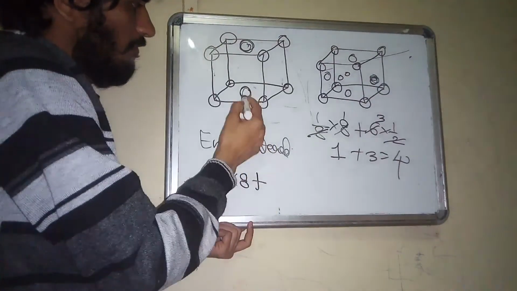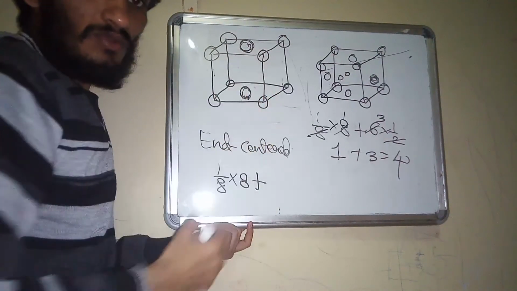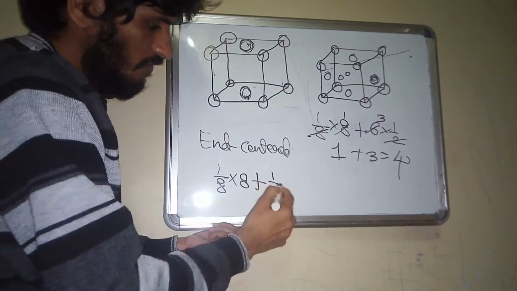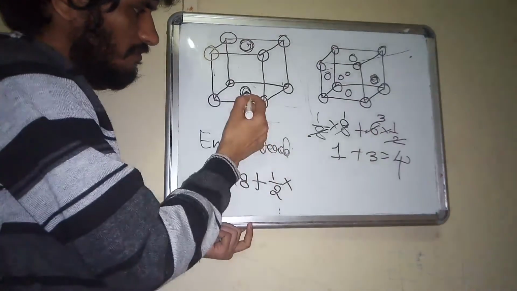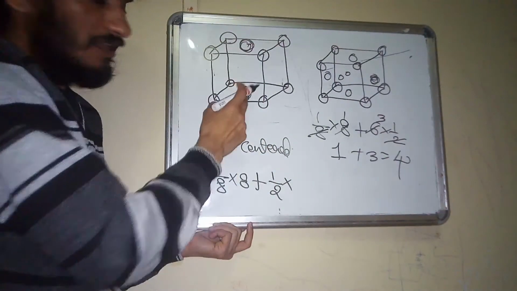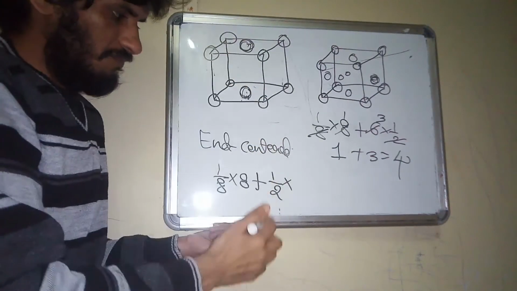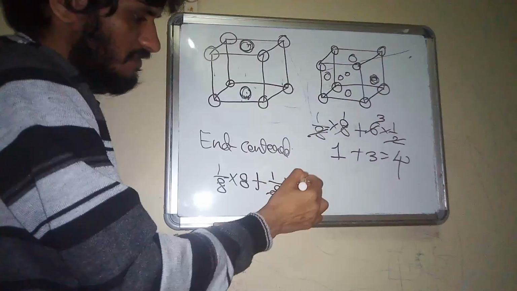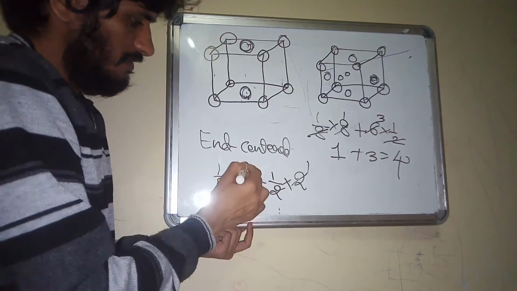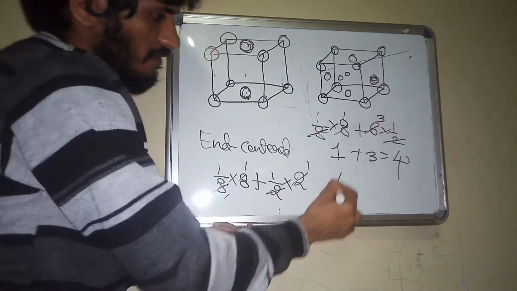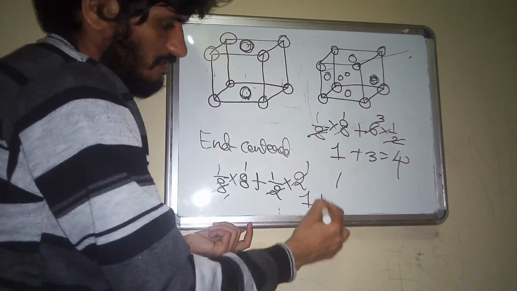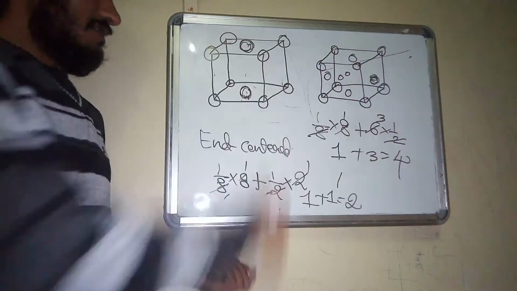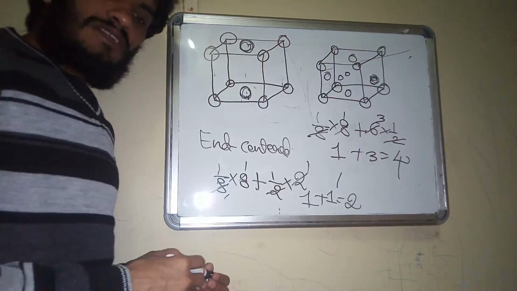Plus how many lattice points are located on the faces? 2. What is the contribution of these 2? 1 by 2, because the atoms located on the faces contribute half. So half into 2 is 1, and 8 times 1/8 is 1, so 1 plus 1 is equal to 2. Understand? So this is for the end centered unit cell.